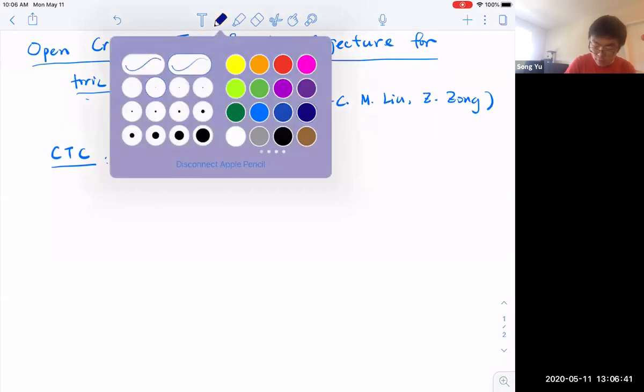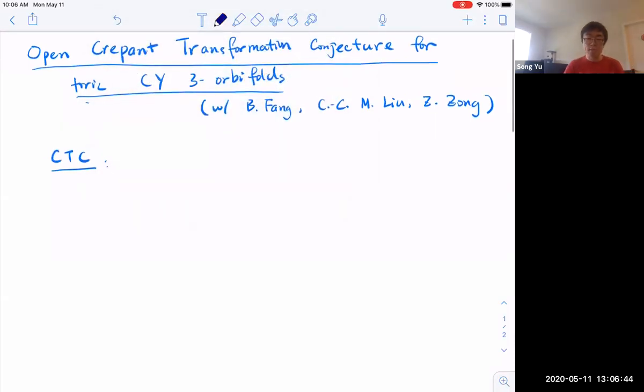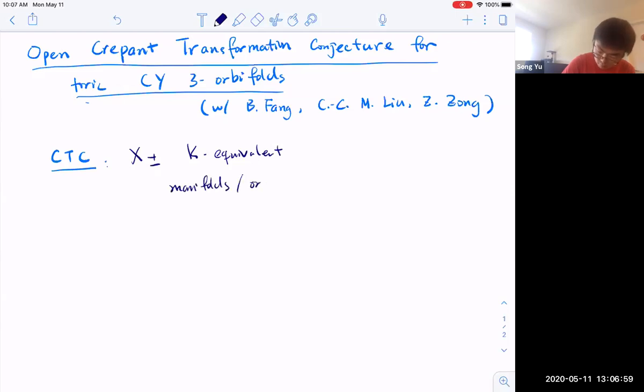Okay, so for the crepant resolution conjecture, or the crepant transformation conjecture, our basic setup is a pair of K-equivalent manifolds or orbifolds, which I call X plus and X minus. The K-equivalence just means that we have a diagram like this: birational maps from some common space X0 to both X plus and X minus.